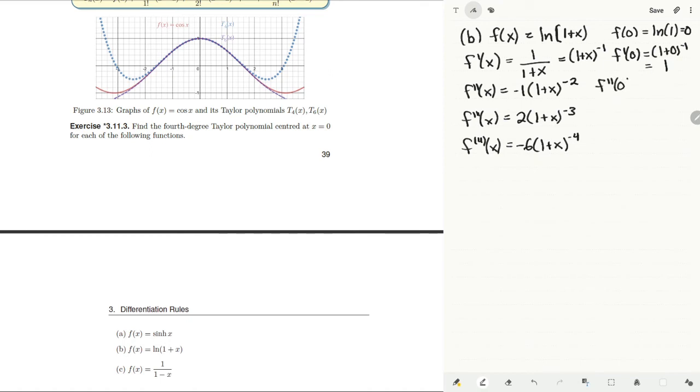F double prime of 0 is negative 1 times 1 plus 0 to the negative 2, which is negative 1. F triple prime of 0 is 2 times 1 plus 0 to the negative 3, which equals 2. And the fourth derivative at 0 is negative 6 times 1 plus 0 to the negative 4, which equals negative 6.